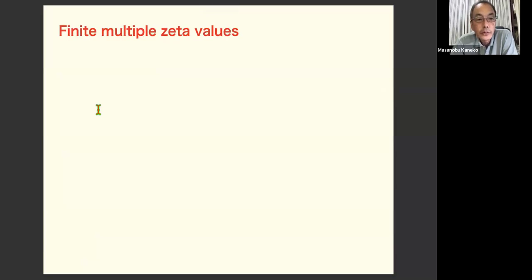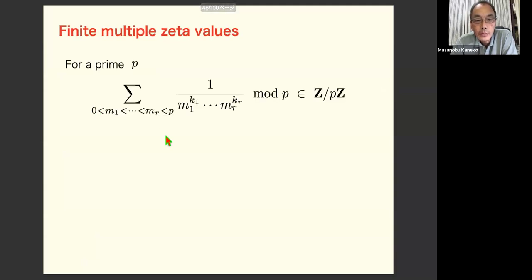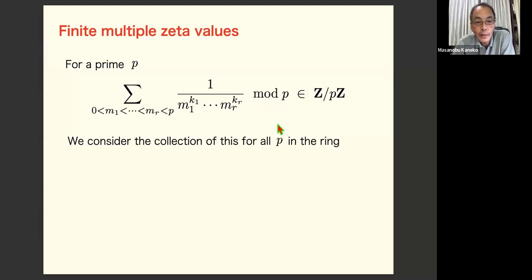So let's move on to the finite MZVs. This is a sort of naive thing. For each prime p, let's look at the truncation of the original series at p, so before the denominator has p. This is a finite sum of integers. So we can reduce this modulo p to have an element in the prime field of p elements.